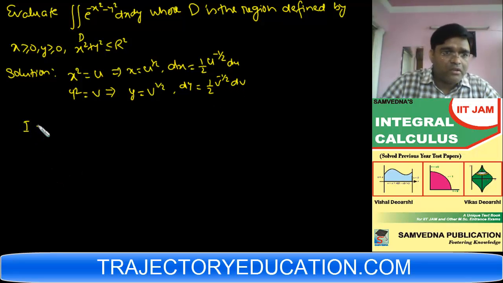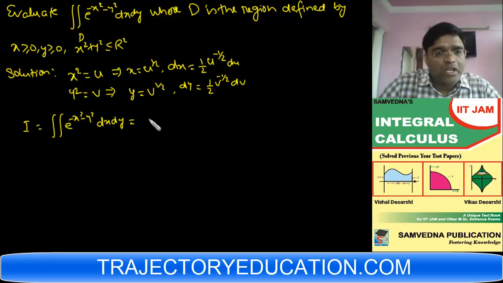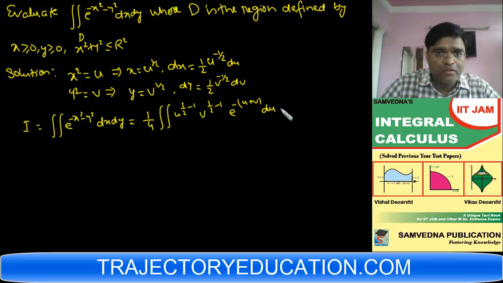So this integral will convert to e to the power minus (x square plus y square) dx dy, which will come as 1 by 4, with u to the power half minus 1, v to the power half minus 1, e to the power minus (u plus v) du dv.